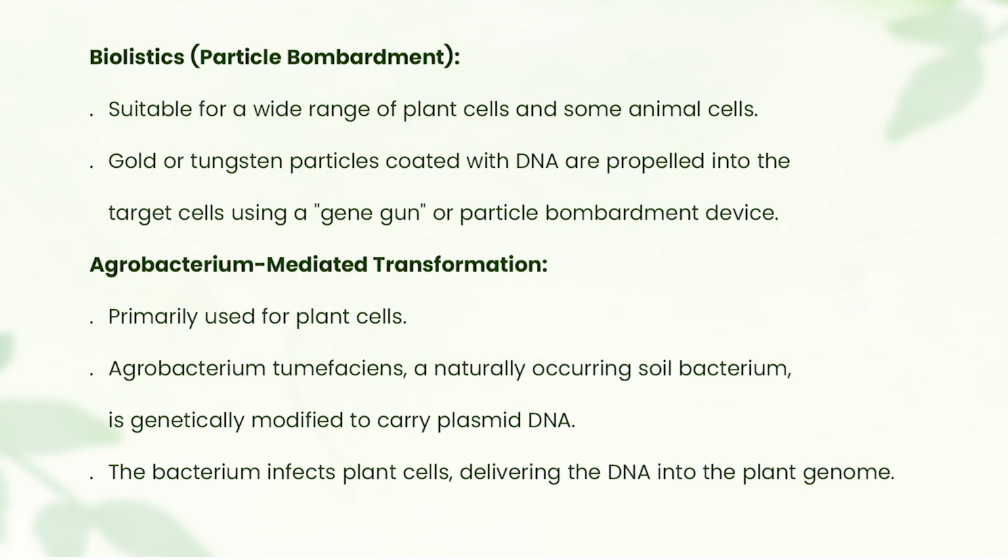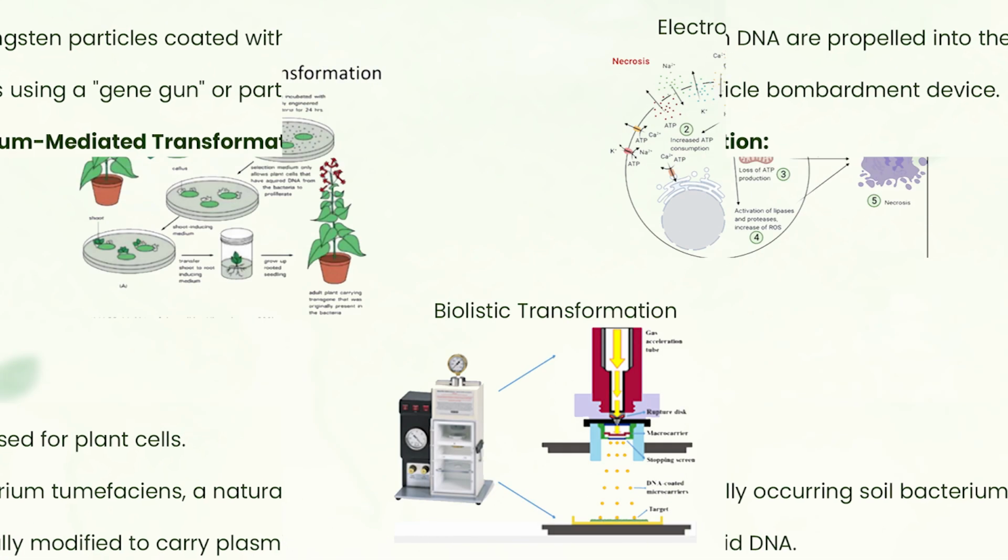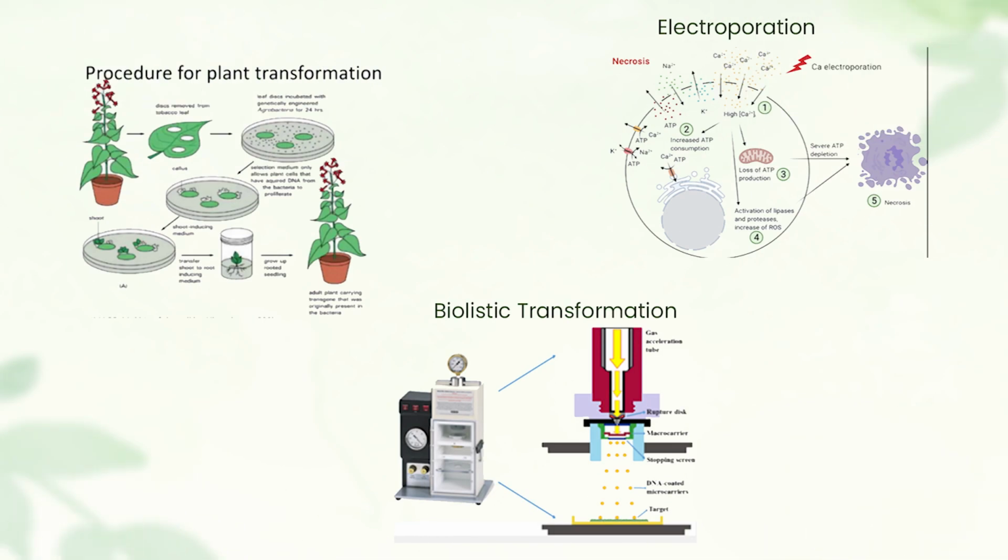Agrobacterium mediated transformation is primarily used for plant cells. Agrobacterium tumefaciens, a naturally occurring soil bacterium, is genetically modified to carry plasmid DNA. The bacterium infects plant cells, delivering the DNA into the plant genome. This is the whole method, you can see in this pictorial representation.